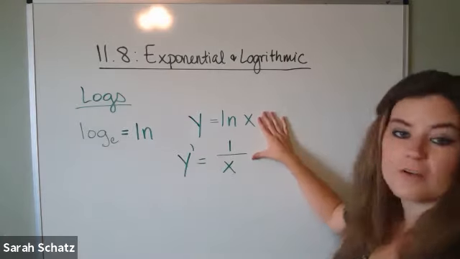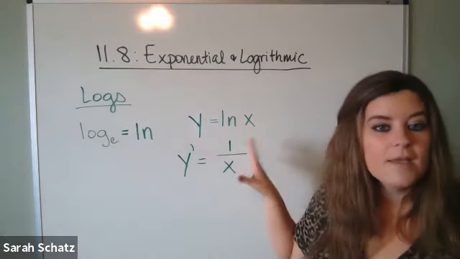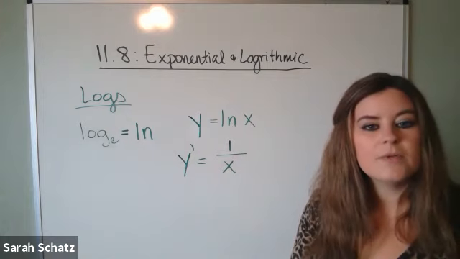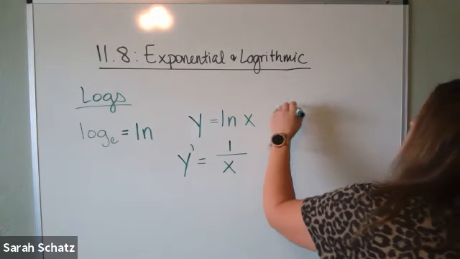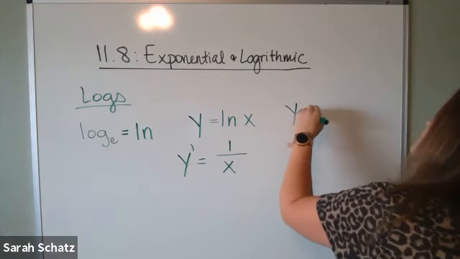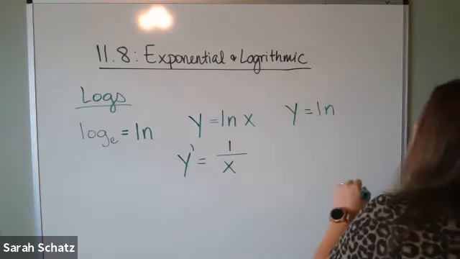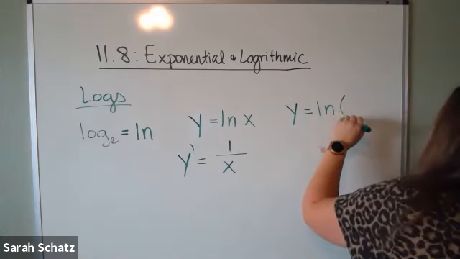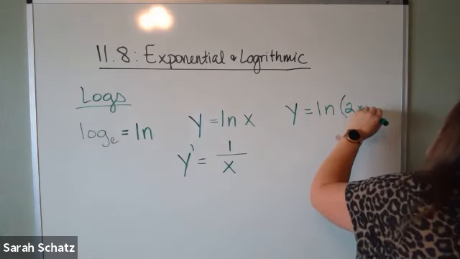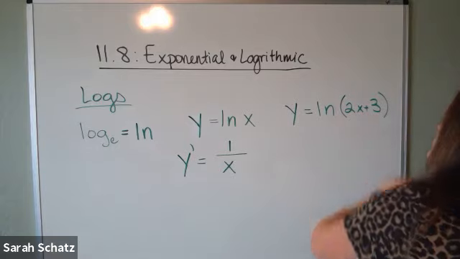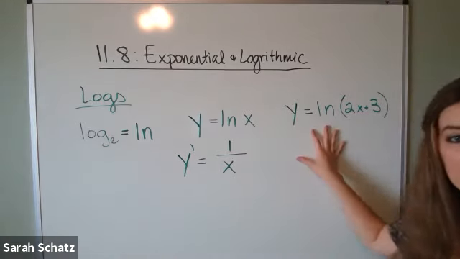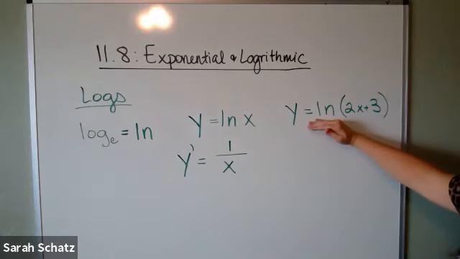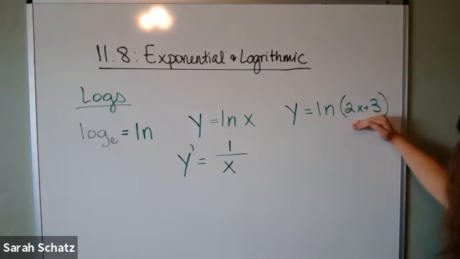So let's look at an example. Now, this is the most straightforward example when we just have x. But we can look at examples where we have to use some chain rule. So you guys, let's look at this one. What if I have y equals the natural log of 2x plus 3? So now you can see it's not just an x here. I say, okay, I'm taking the natural log of this.